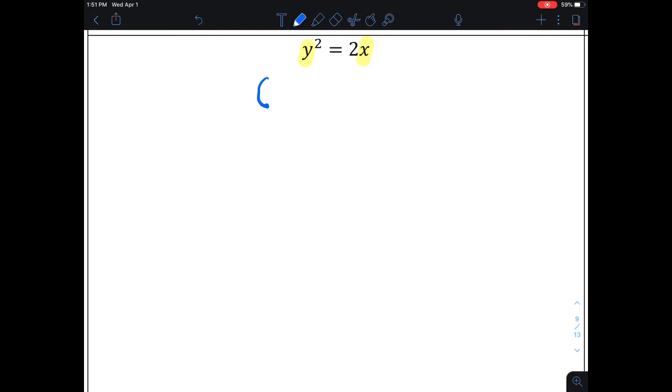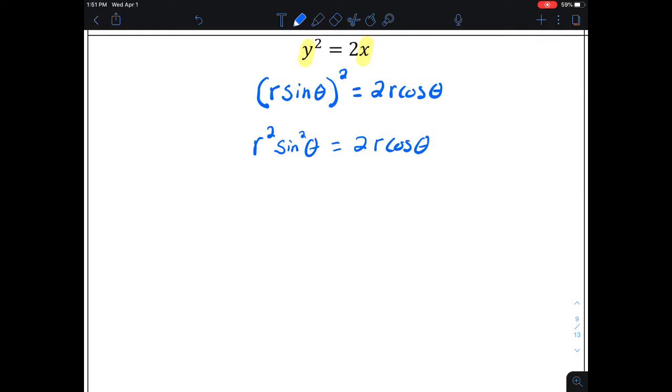So when I replace the y, I need to do it in parentheses because y is being squared. So r sine of theta squared is equal to 2 times r cosine of theta. Well, when I square r sine of theta, that's going to make r squared times sine squared of theta is equal to 2 times r cosine of theta.